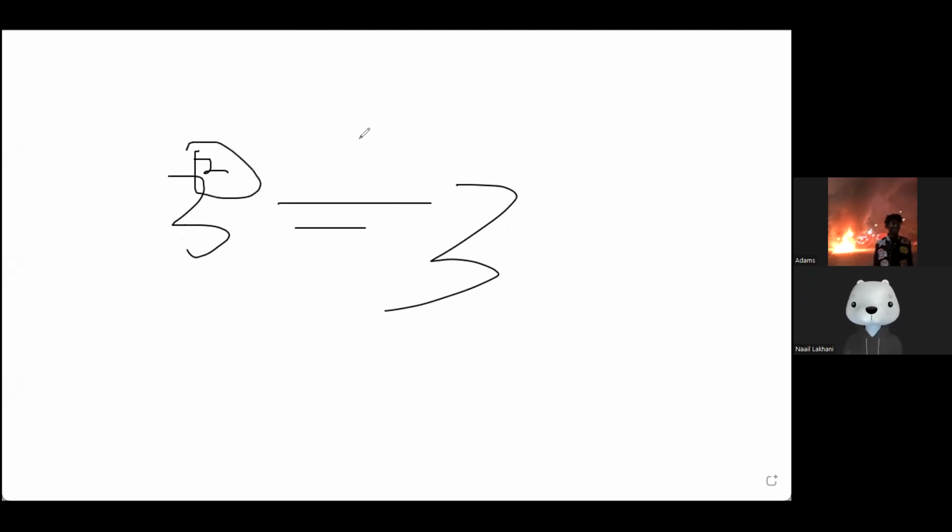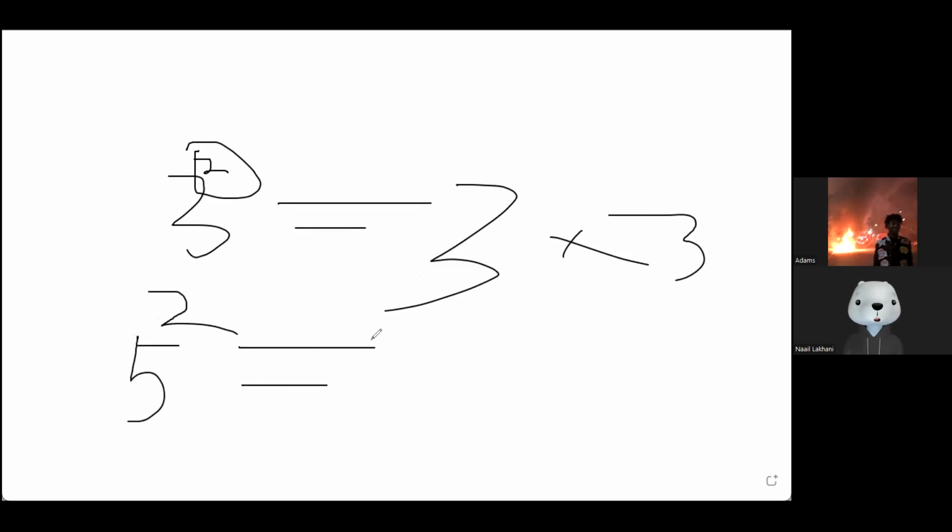Now, for doing squares, it depends, but let me explain further with two examples. So 3 times 3 equals 3 squared. And then another example is 5 squared, which is 5 times 5.